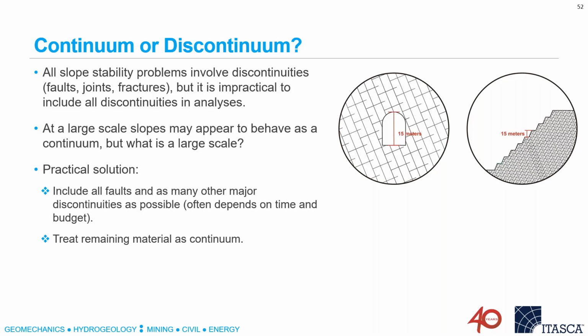What we do most often at Itasca is try to produce a practical solution. We try to include all the major faults and as many of the other major discontinuities as possible, and this kind of depends on time and budget, and then treat the remaining material as a continuum and try to include the behavior that best approximates that continuum, which is usually some sort of strain softening model in the continuum sense.